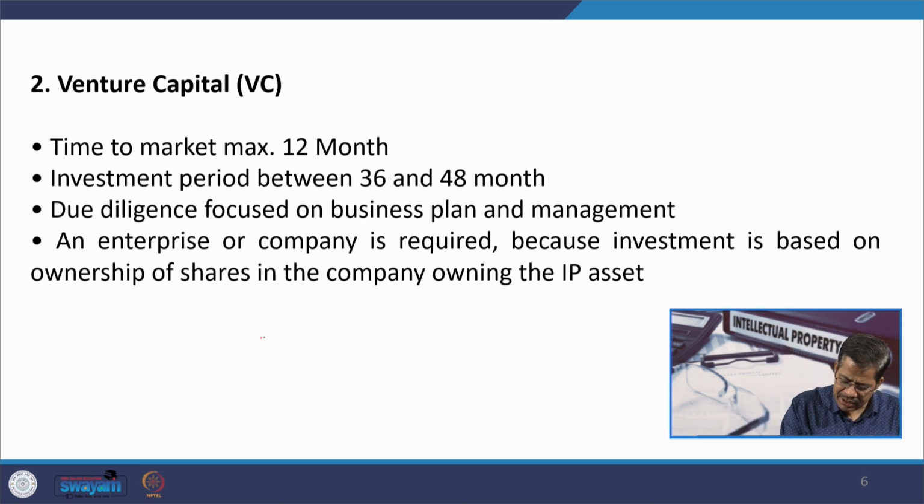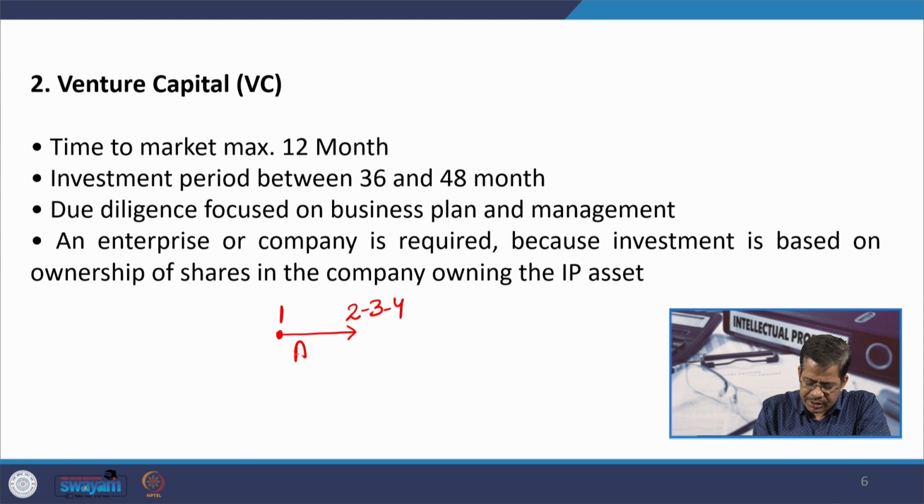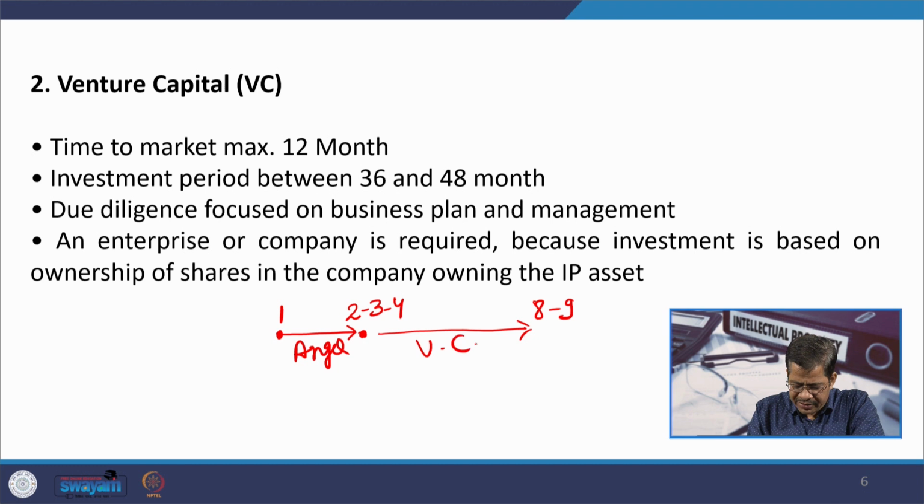So, you can understand, TRL 1, 2, 3 up to 2, 3, 4, let us say, is the role of angels, and from 2, 3, 4 to 8, 9, this is the role of VCs. Because now clarity has come, because of the angels' money, now you are doing more experiments, you are refining your technology, you are developing your technology. So, more clarity is there.